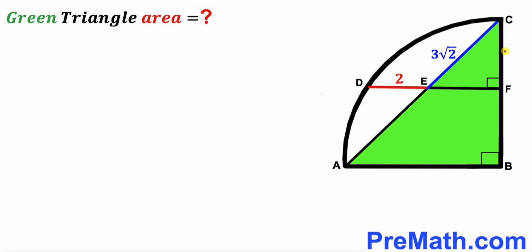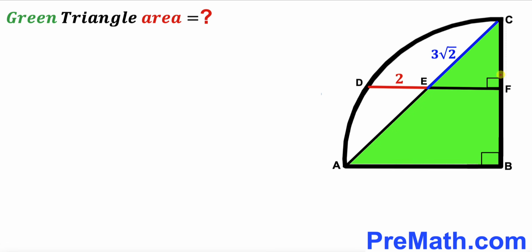Welcome to PreMath. In this video we have this green shaded right triangle ABC fully inscribed in a quarter circle with the center B, as you can see in this given diagram, such that this segment DF is perpendicular to this side BC.